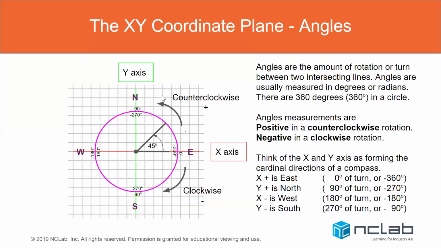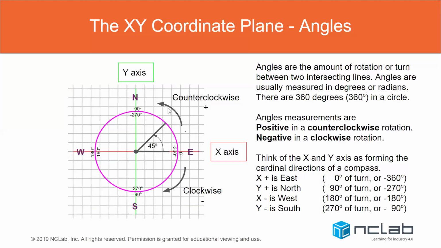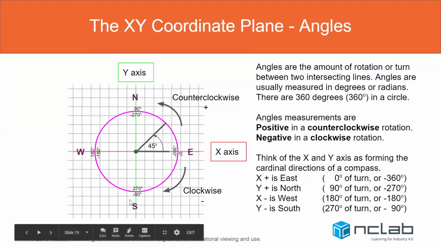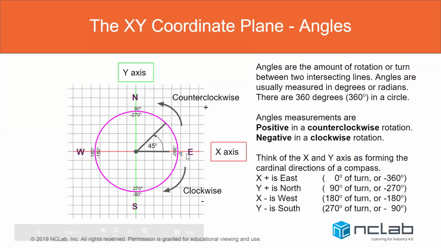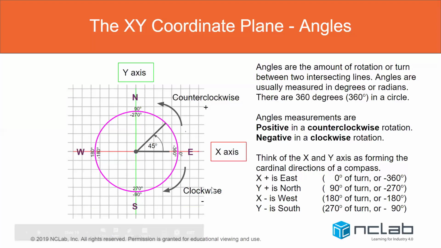So going counterclockwise, your values are going to be positive. Going clockwise, your values are going to be negative. So if you see a turn angle of 90 degrees, that's going this way. And then 180, and then 270, and values up to 360. Going negative, you're going to be going this way. So if you turn minus 90, you'll end up down here, and so forth.